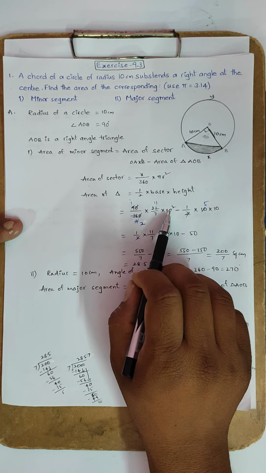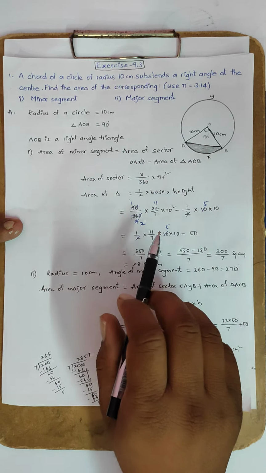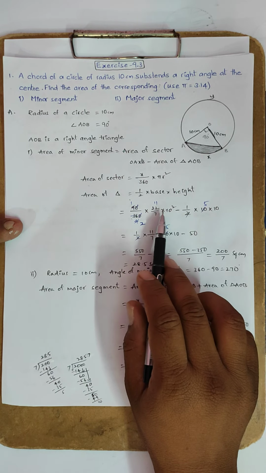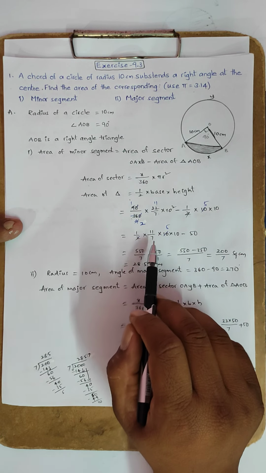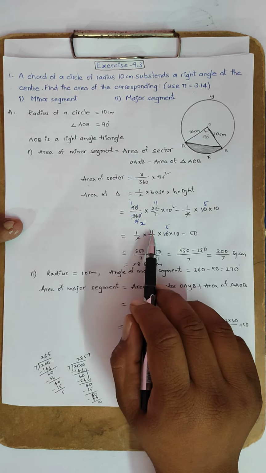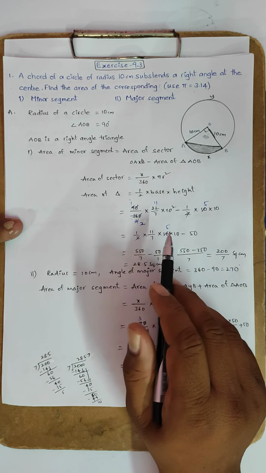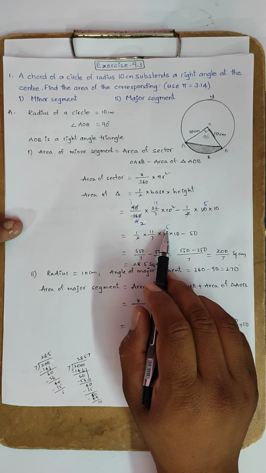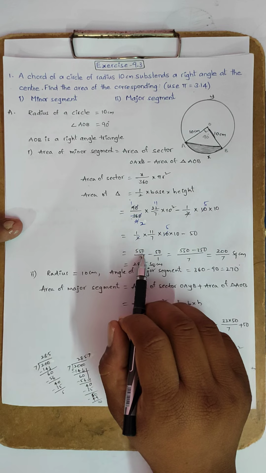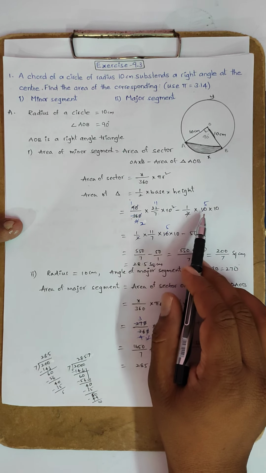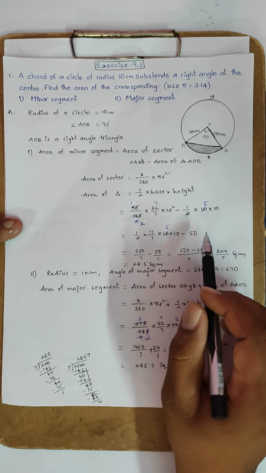Here 10 square, 2 1s are 2, 2 5s are 10. 11 into 10 into 10. 11 5s are not 50, 11 5s are 55, 55 10s are 550, minus 2 1s are 2, 2 5s are 10. Remaining 5 10s are 50.